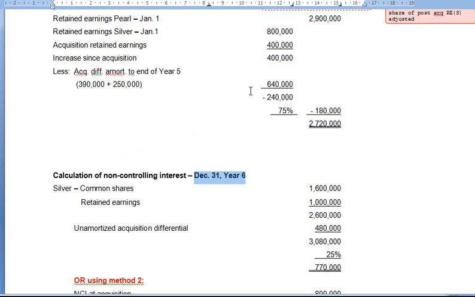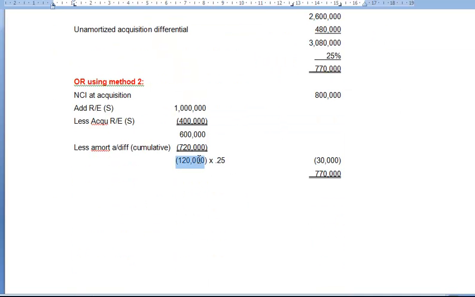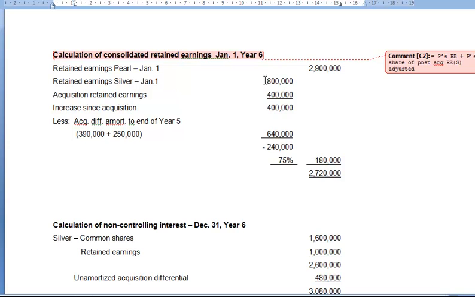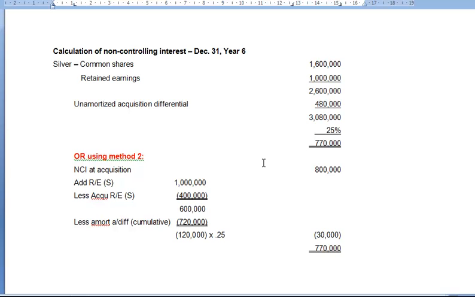Now you're going to notice, you're going to say, well, this says here negative 240, but I'm getting like here negative 120. Well, don't forget, the difference is that I'm calculating the post-acquisition adjusted retained earnings of the sub at January 1, year 6. This part of the question, NCI is getting its share of the post-acquisition retained earnings of the sub at the end of year 6 because NCI is being calculated at the end of the year for the balance sheet.